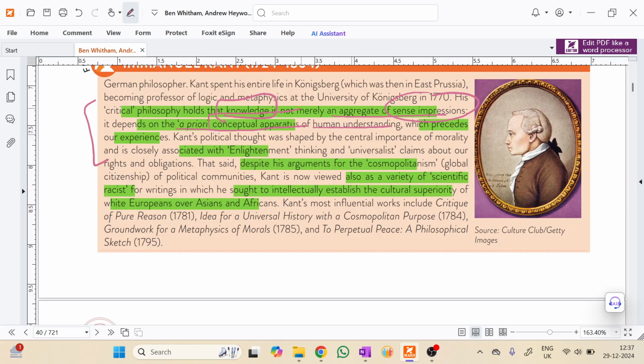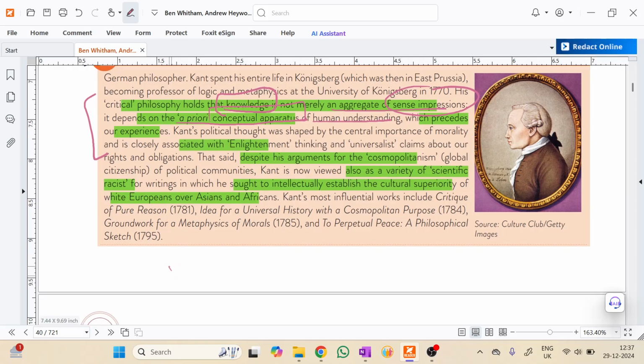This conceptual apparatus is similar to when you have observed the event, a leopard moving in your backyard.